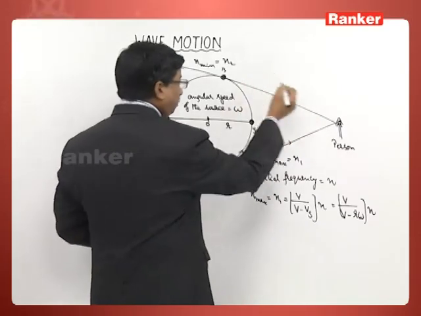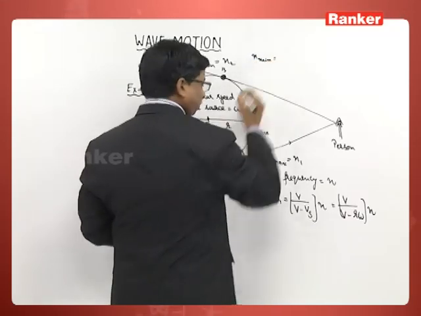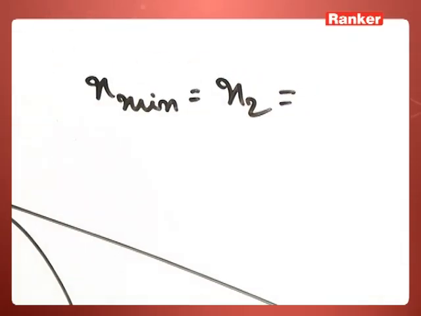What about the minimum frequency then? Frequency minimum value, that we can write as N2 according to the value given here.